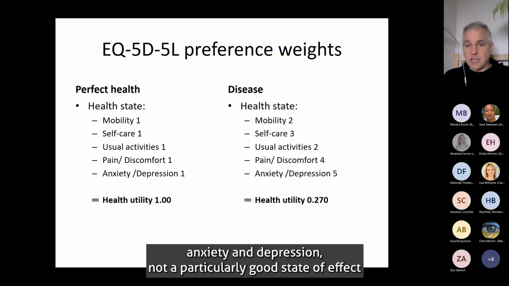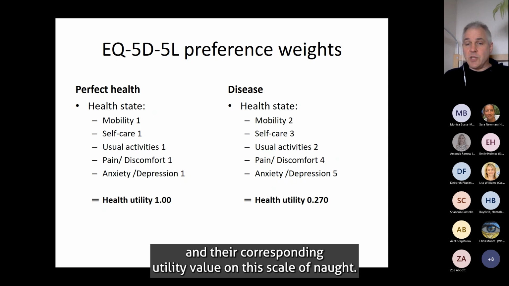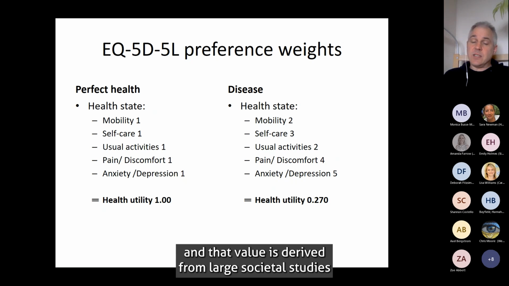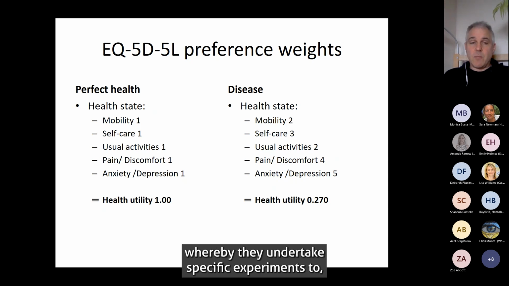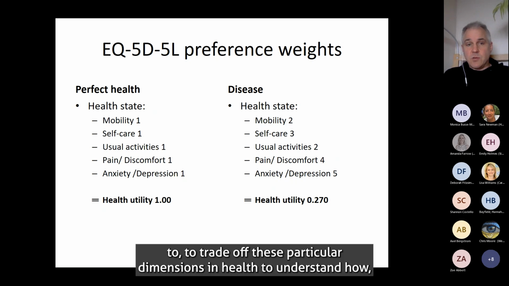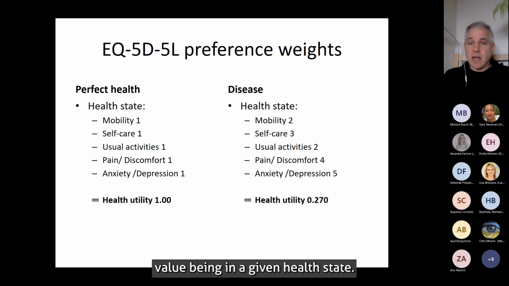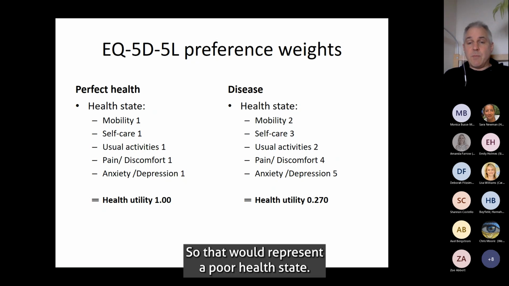Not a particularly good state of affairs, and their corresponding utility value on this scale of 0 to 1 would be 0.27, and that value is derived from large societal studies whereby they undertake specific experiments to trade off these particular dimensions in health to understand how people value being in a given health state. So that would represent a poor health state.